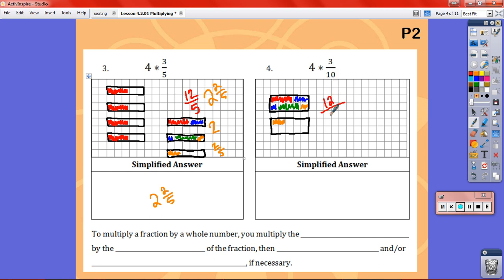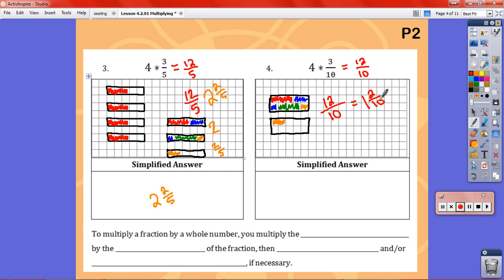But now that's 12 pieces out of 10 total pieces. So I only have 2 extra pieces and 1 whole. So we have 1 whole filled in and 2/10 left over. Okay? So 4 times 3 is 12/5, and 4 times 3 is 12/10.